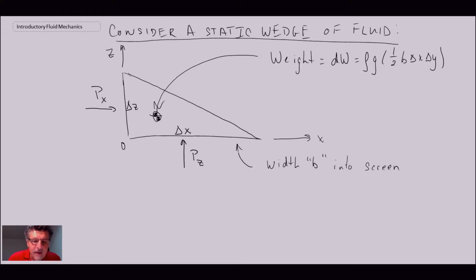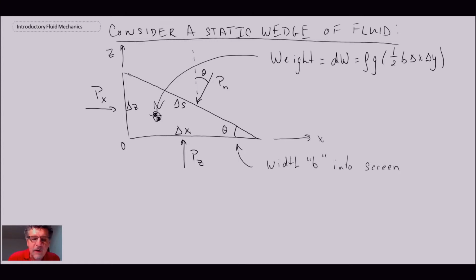And the last pressure that we have is going to be our normal pressure distribution to the surface, length delta S, that forms the hypotenuse of this triangle or this fluid wedge. And we're going to assume that the angle with respect to the vertical here is theta. So that is the scenario, and the fluid wedge also has an angle of theta there through geometry.